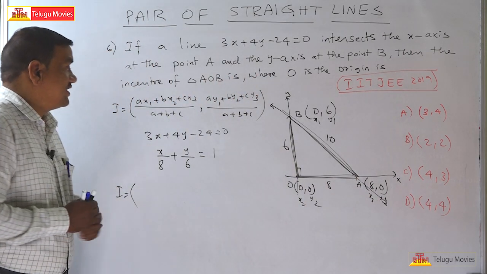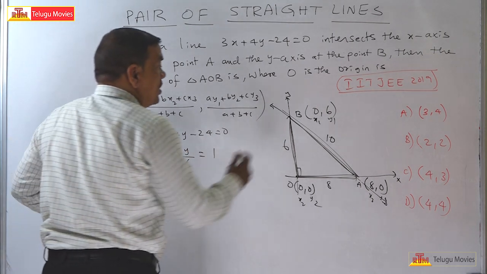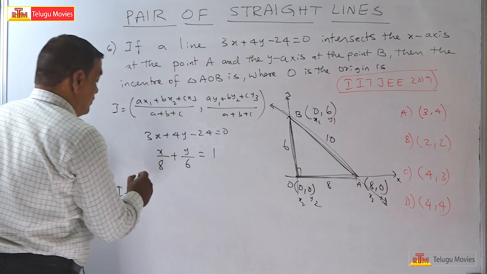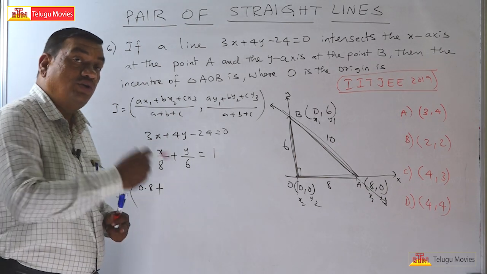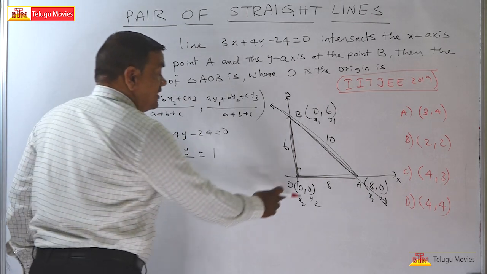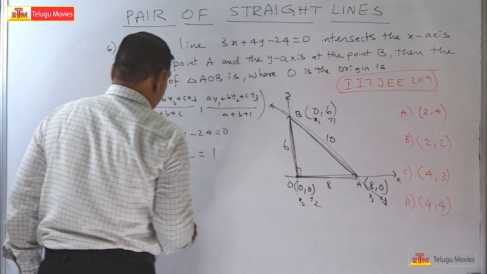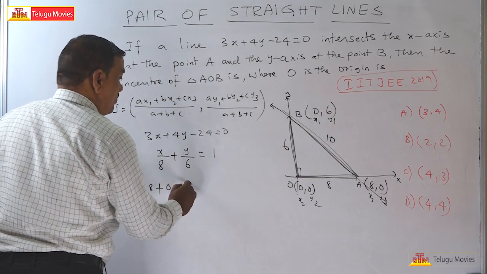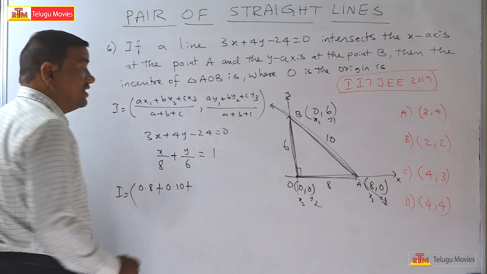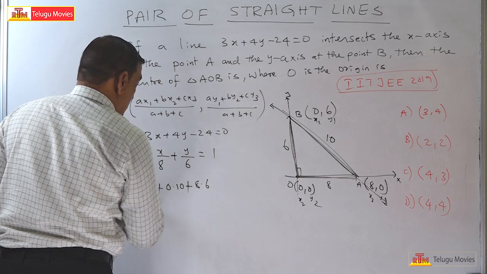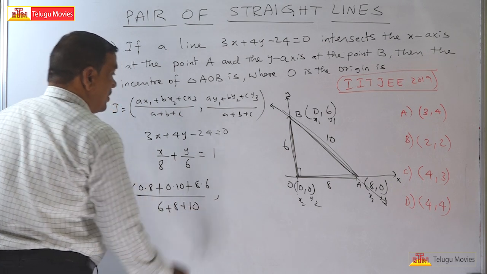That is x1 into the length of the opposite side, that means 0 into 8, plus x2 into the length of its opposite side, here also it is 0, 0 into 10, plus x3 into the length of its opposite side, that is 8 into 6, upon 6 plus 8 plus 10, comma.